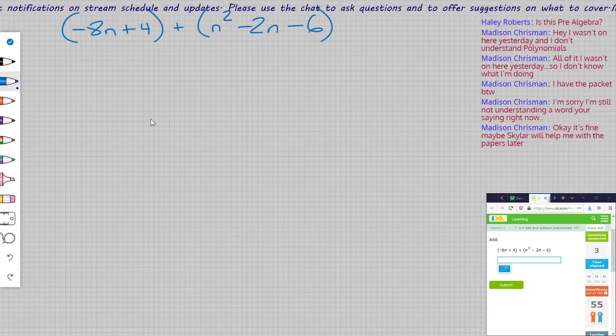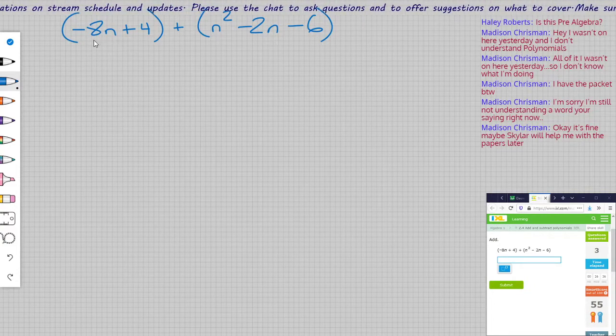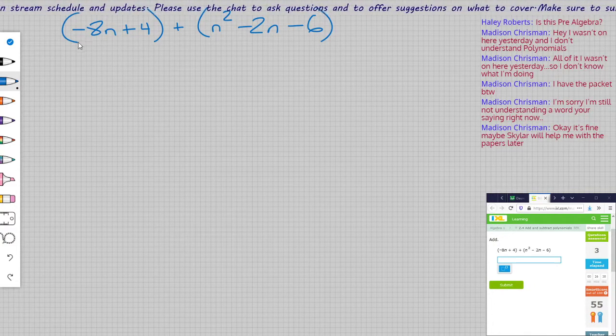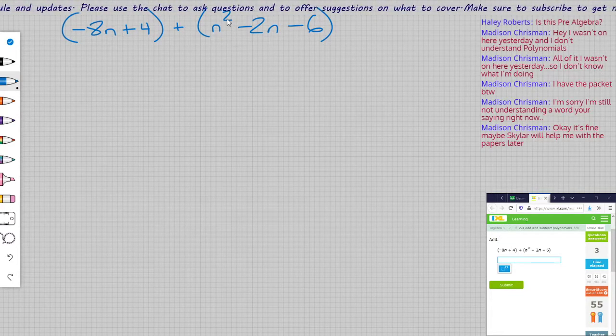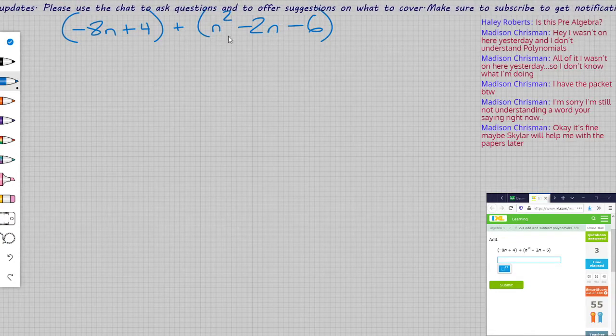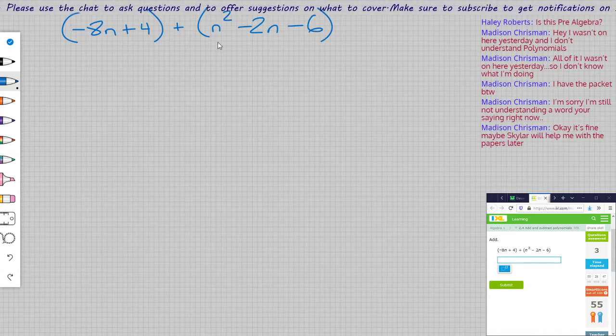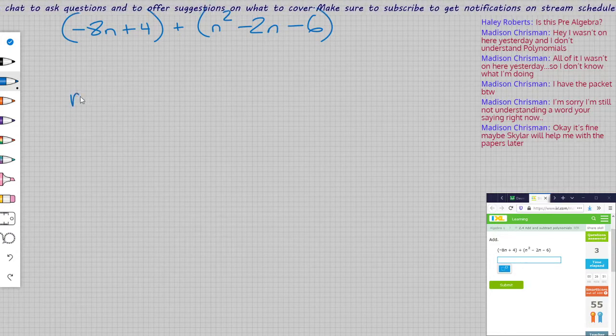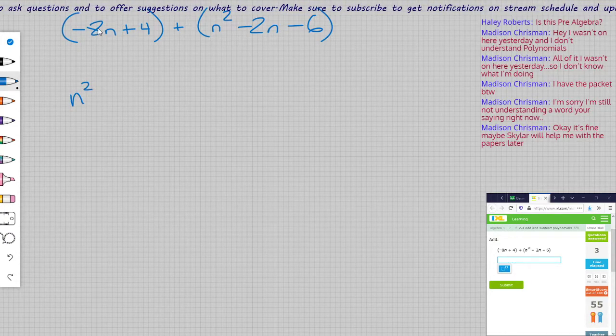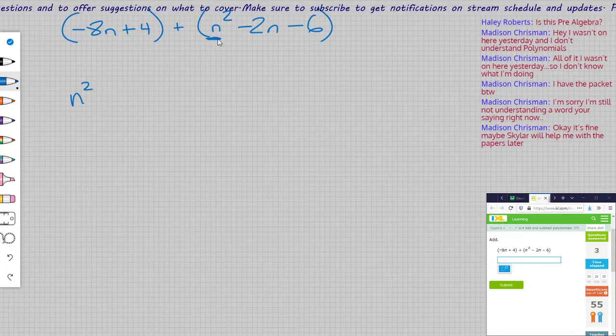So look for your highest degree. Your highest degree in your first polynomial is 1, but the highest degree in your second polynomial is 2. So we're going to write, because you always want to write in standard form where your highest degree is first, so we're going to write n squared. There wasn't anything over here, so we're done with that.